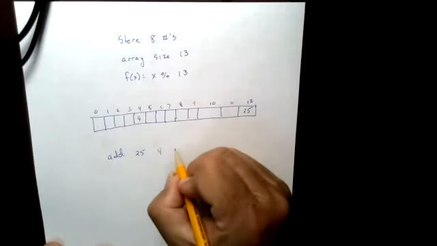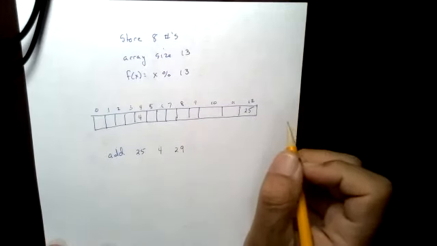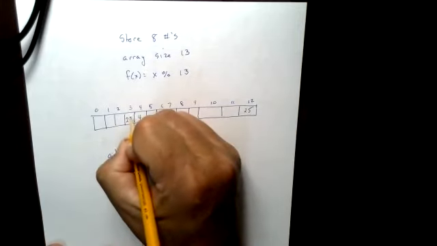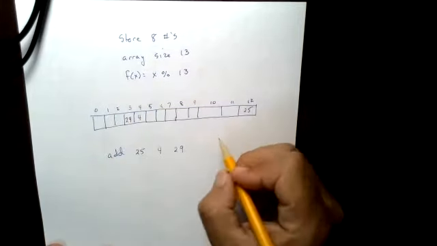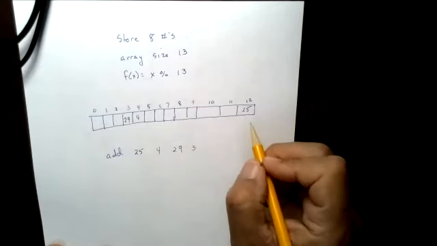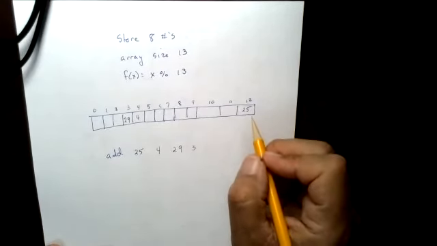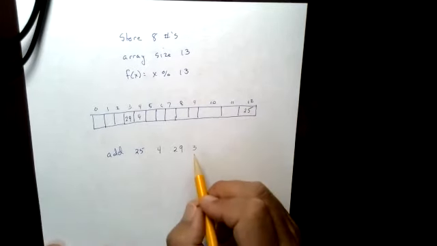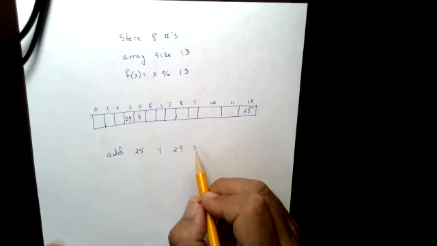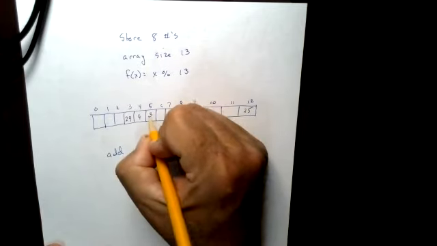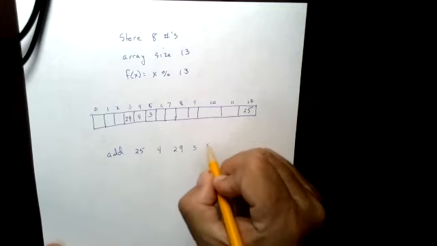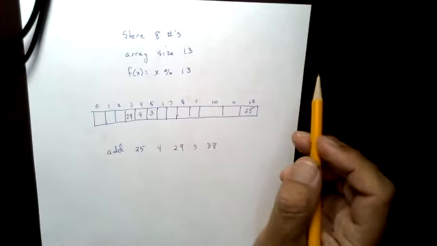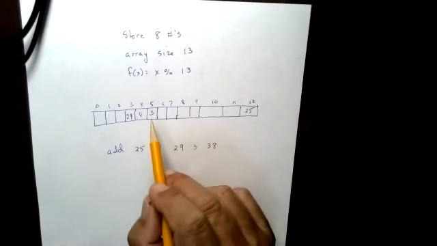How about 29? Where does 29 go? 3. Okay with that. Now where does 38 go? 38 mod 13 is 3. 13 doesn't go in 3, so the remainder is just 3.